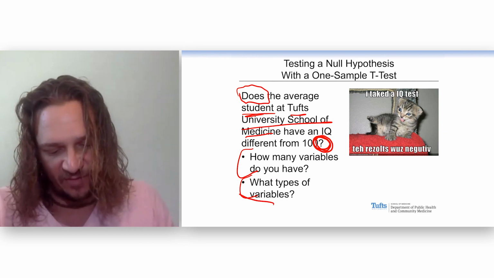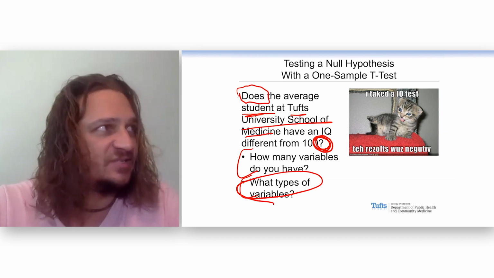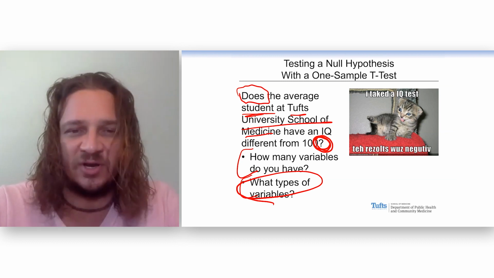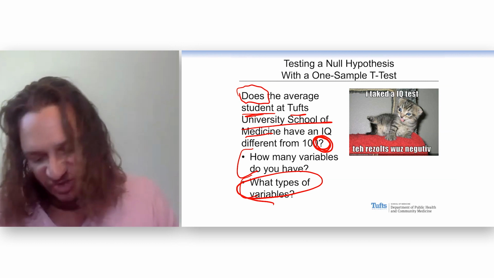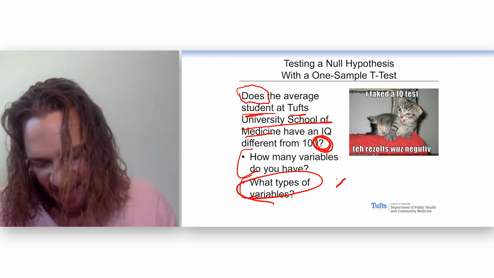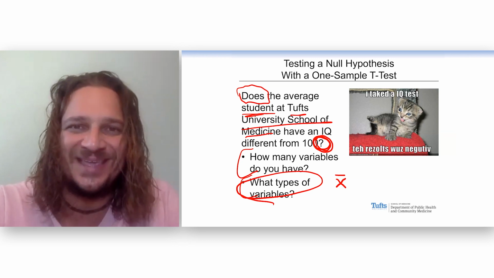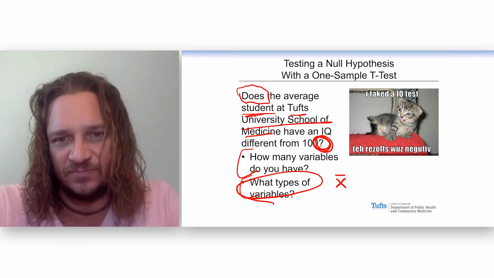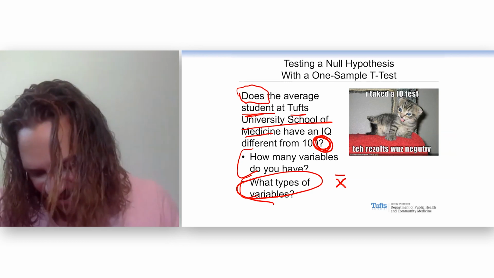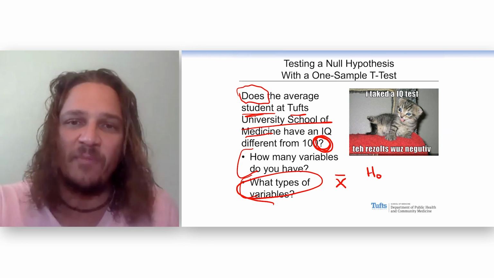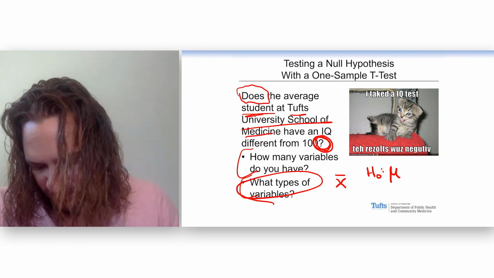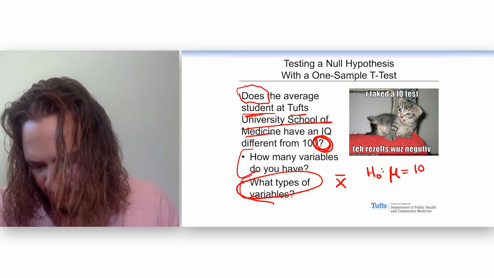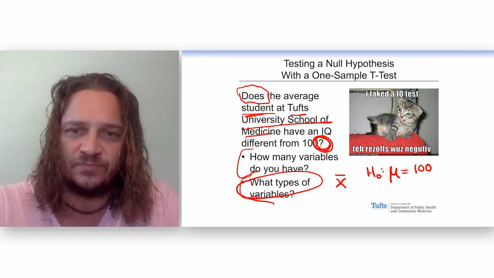And what type of variable is it? I mean, this is just probably a really long discussion, but we could get into it. But let's treat it as continuous for now. Let's treat it as we could say that it makes sense to talk about the mean IQ for a sample. And let's say that we can write a null hypothesis here that says the average IQ is equal to 100.